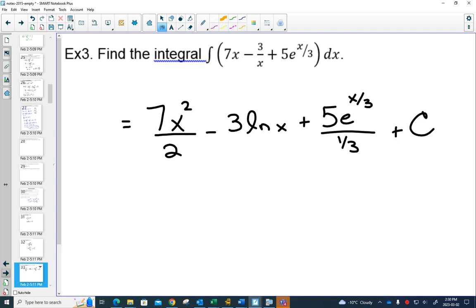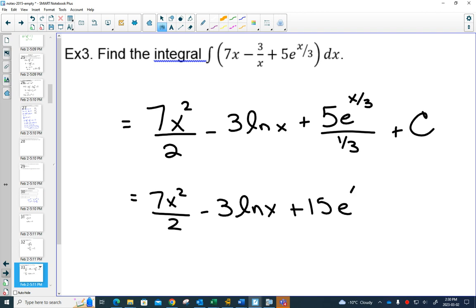And of course, if you wanted to, now you could simplify this one. Multiply by the reciprocal. Almost. Wait for it.